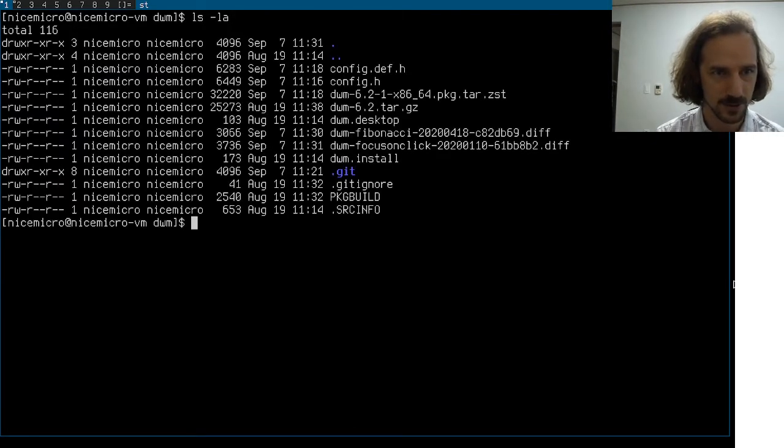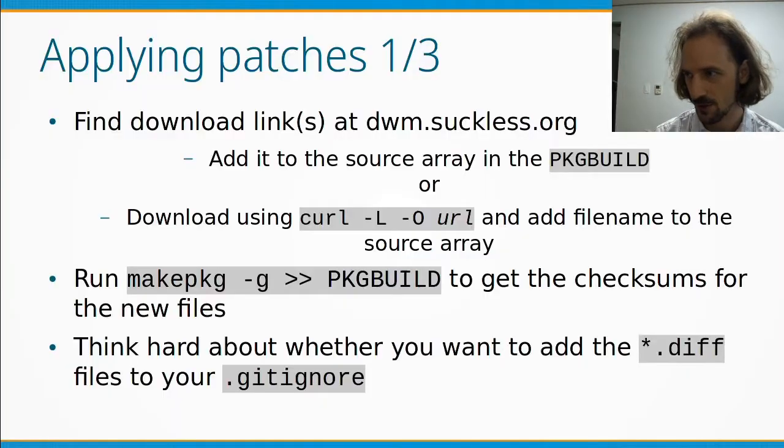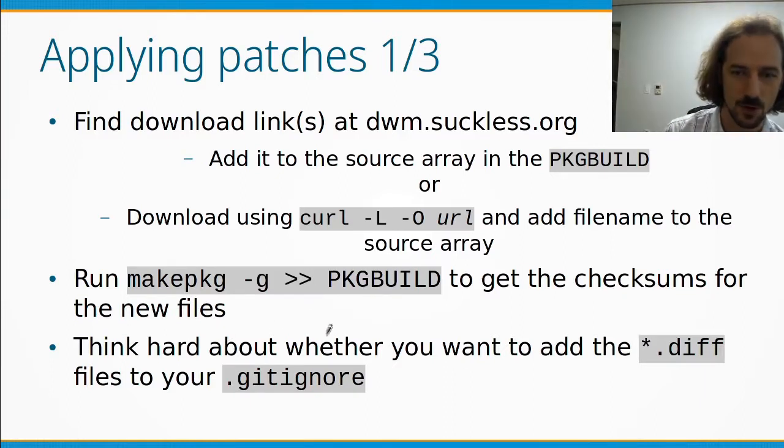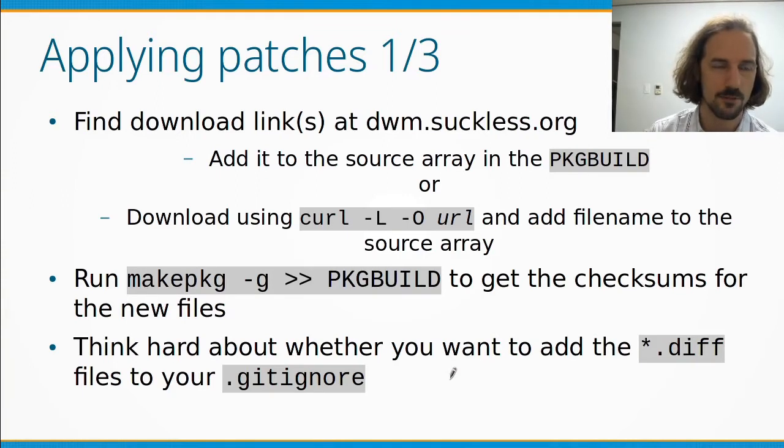Now ls -la, so you can see that we have these two diff files downloaded in our directory, and you can think about whether you want to add the diff files to your gitignore. I think if you download it directly and then just put the file into the package build, it is a good idea to keep the tracking on, so the diff files will be tracked and we don't put them in gitignore.